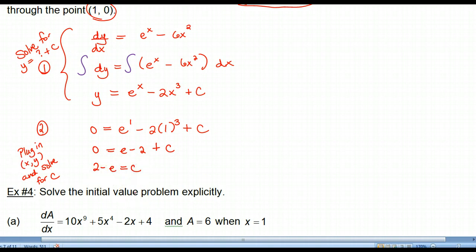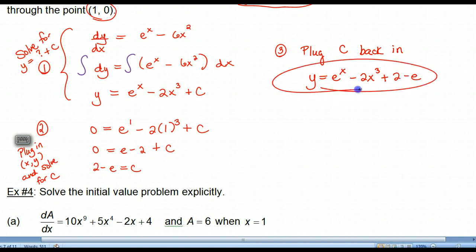Again, don't give me a decimal approximation, just leave it as 2 minus e, because we're looking for the exact solution. So then step 3, plug c back in. So it's y equals e to the x minus 2x to the third plus 2 minus e. And that's the final answer.